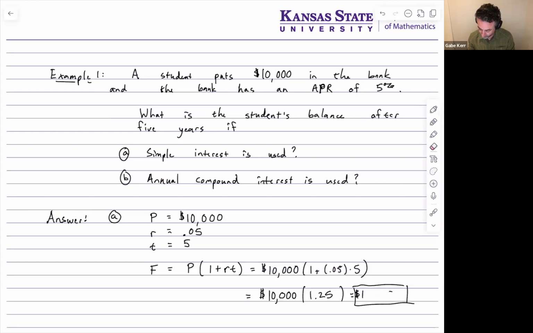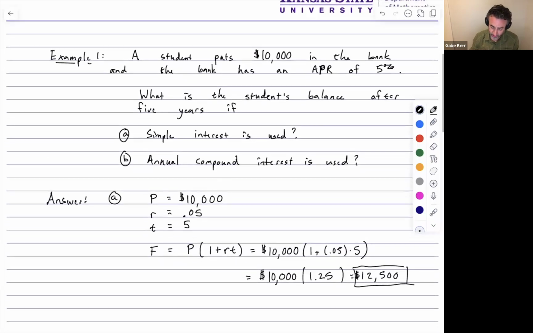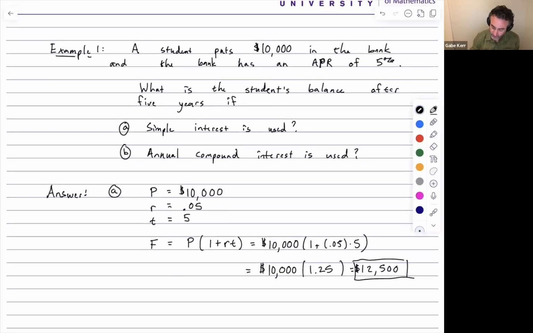So this is 1.25, or $12,500. There we go. That's more like it. It looked a little bit low. With that correction, the student made $2,500 over those 5 years in interest. So that's their current balance.